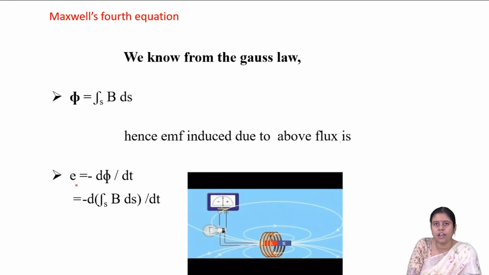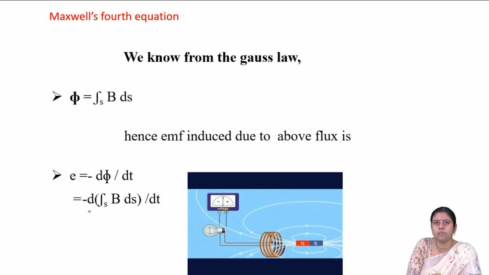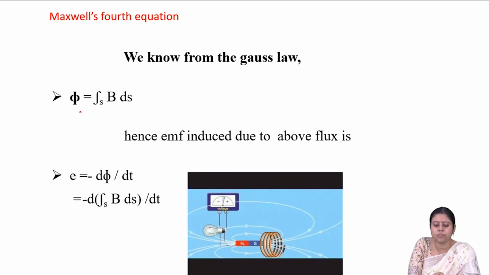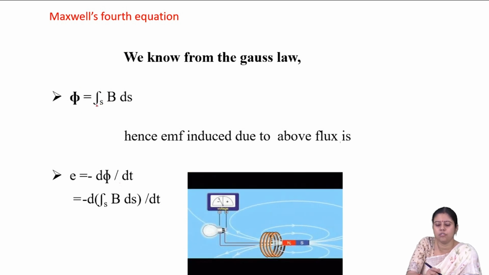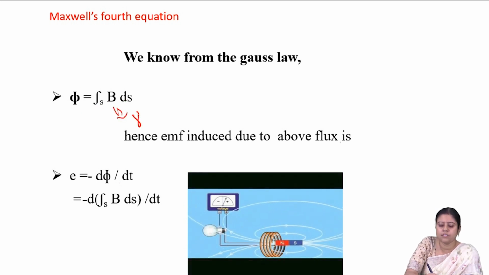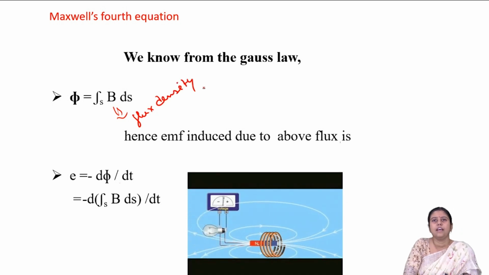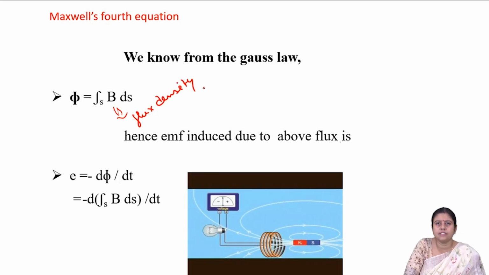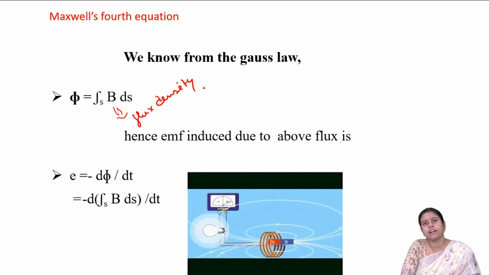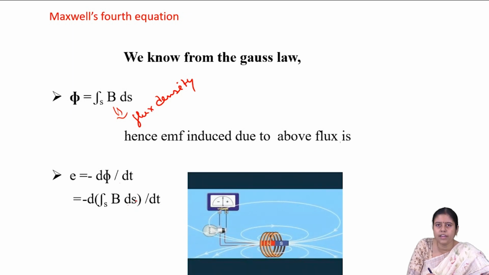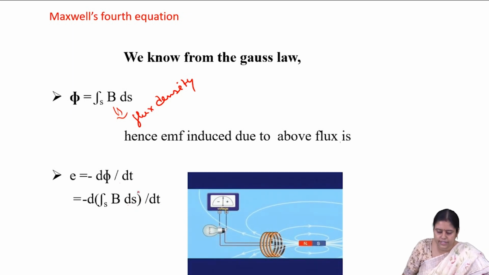So the EMF or the voltage is equal to minus d phi by dt. What is flux? Flux is nothing but B into ds. What is B? B is the magnetic flux density. So whenever there is a rate of change of flux, E is equal to minus the integration of B ds by dt.